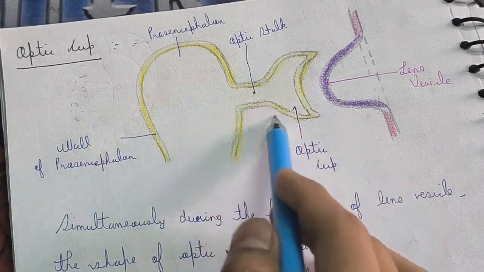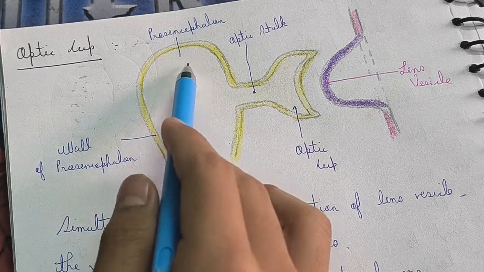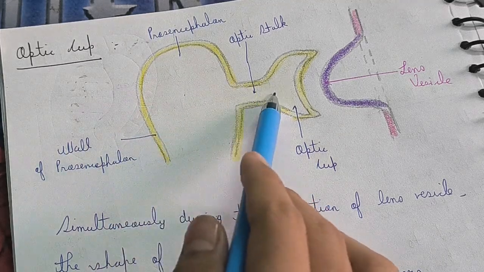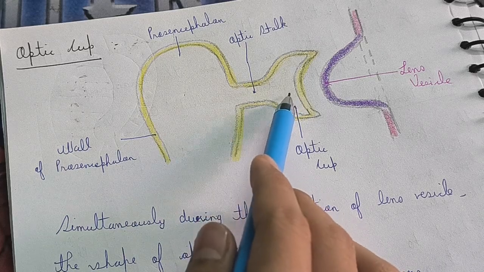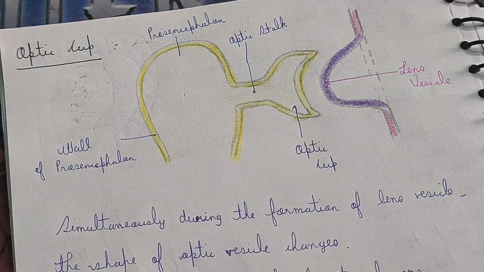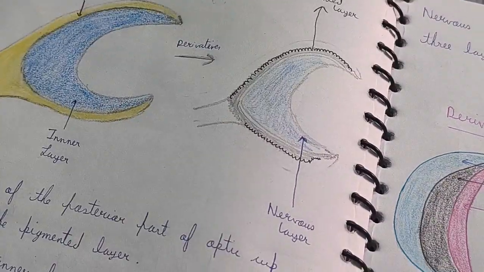This optic cup is derived from the prosencephalon, and as I already mentioned, the prosencephalon has a cavity, so the optic cup also has a cavity, and due to the cavity of the optic cup, the intraretinal space appeared. So this is the main reason.